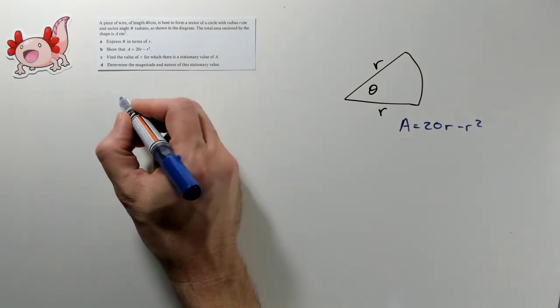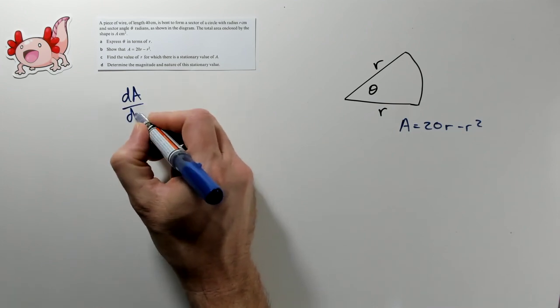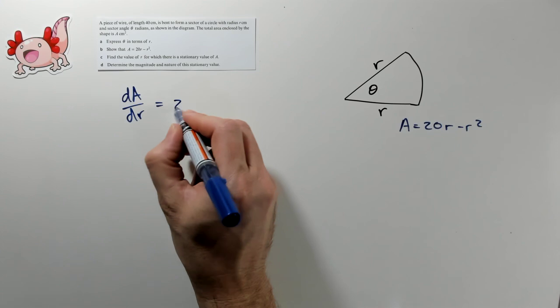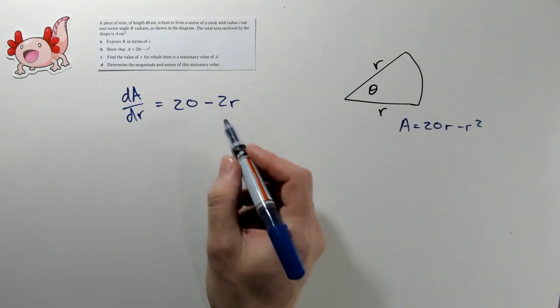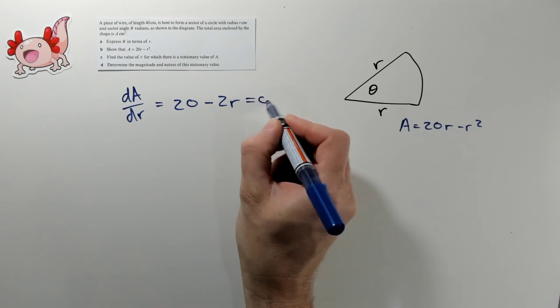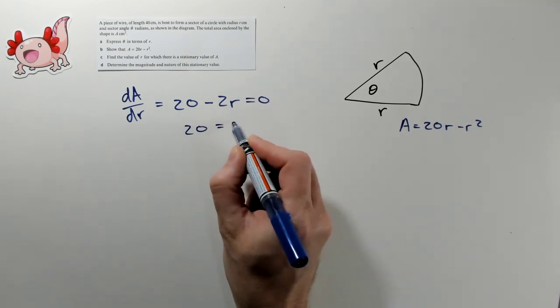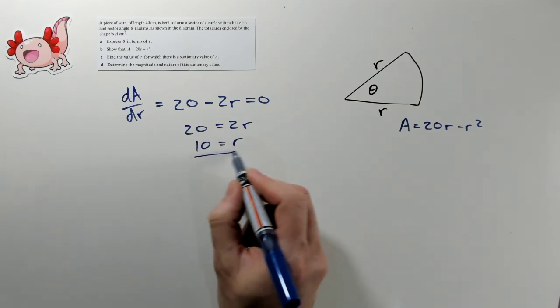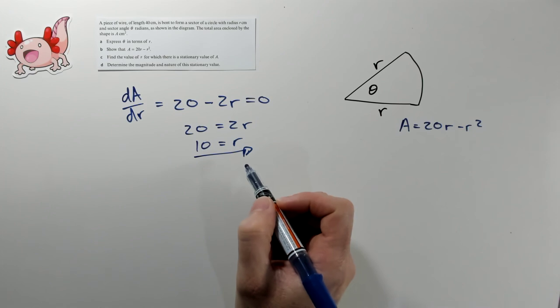So the change in A with respect to r is going to be 20 minus 2r. Pretty simple. And this should be equal to 0 because it's a stationary point. Then I'm left with 20 is equal to 2r, and then r is going to be 10.